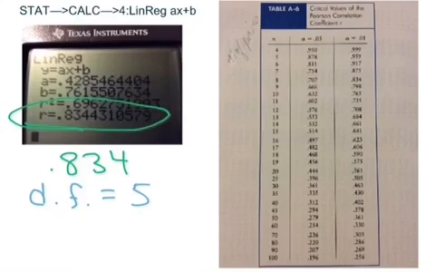Since our alpha level was not stated in the original problem, our default will be alpha 0.05. We now have the information we need to identify the critical value. Degrees of freedom 5 and alpha of 0.05 gives us a critical value of 0.878.